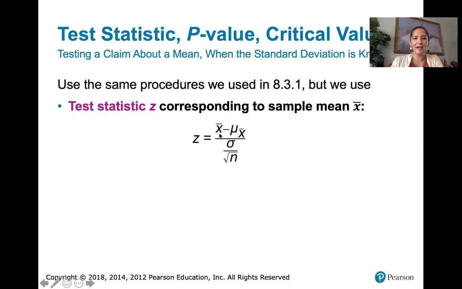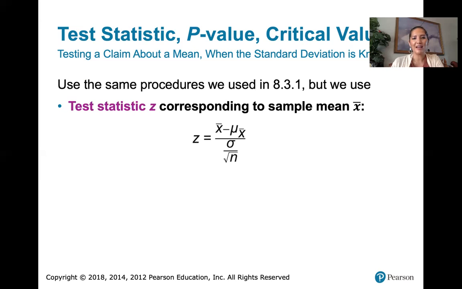We're converting this X bar, that's our sample mean, to the corresponding Z score, which is a number of standard deviations above the mean. To do that, we take our X bar and subtract the mean of the sample means, which is actually equal to the population mean, the value we're assuming in the null hypothesis.